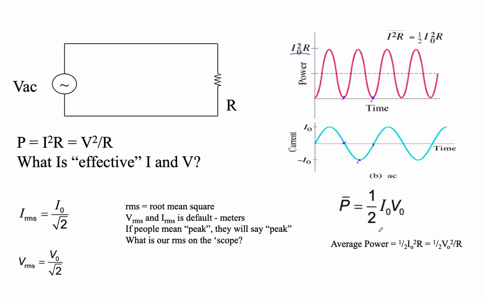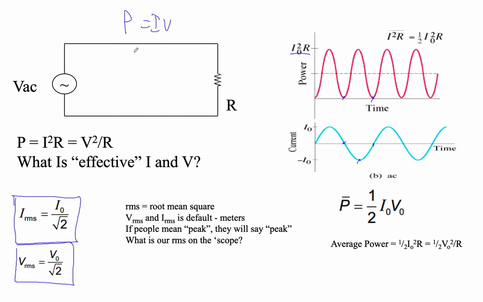So now remember that power is I times V. To reconcile this difference between peak power and the average power, we have to think of something called RMS. This is kind of like a power average. Let me show you how this works.